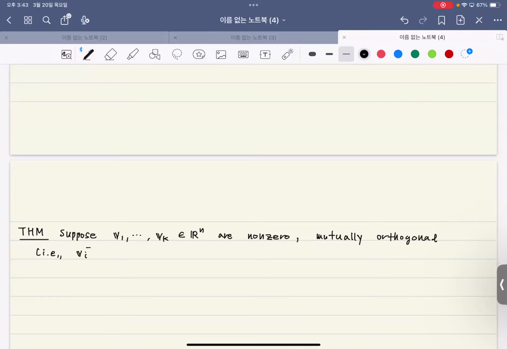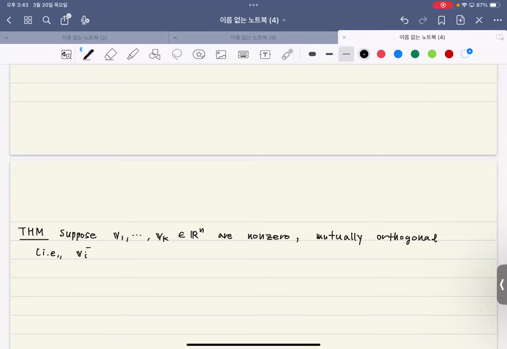Since this was assumed to be the 0 vector, taking the inner product with the 0 vector is automatically 0. On the other hand, the inner product is linear, so the inner product with this sum is the same as this one with that, plus this one with that, and so on, plus this one with the last one. But because of mutual orthogonality, almost everything vanishes, and only the jth one survives.